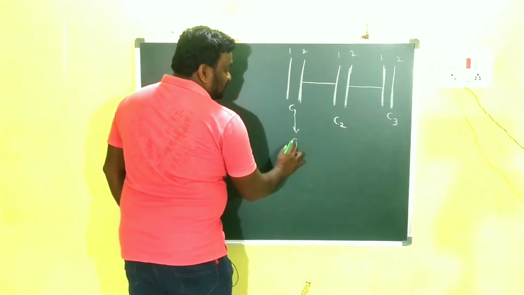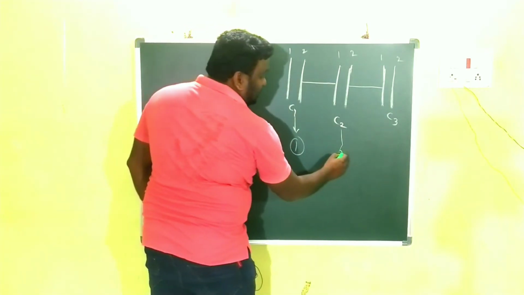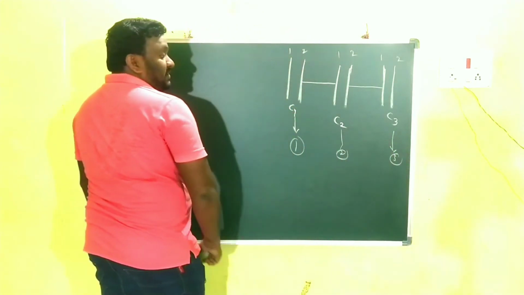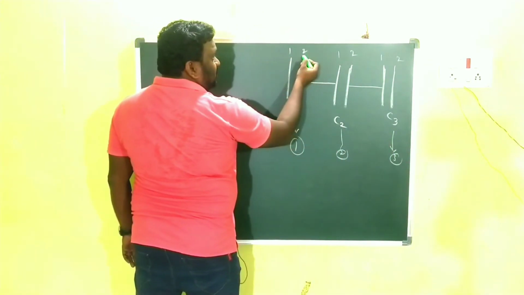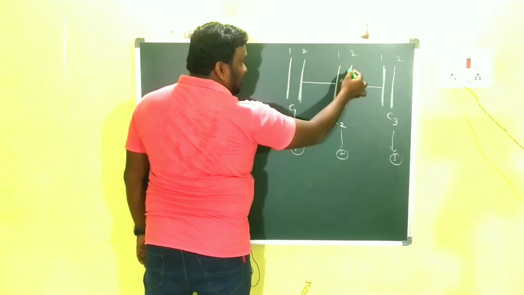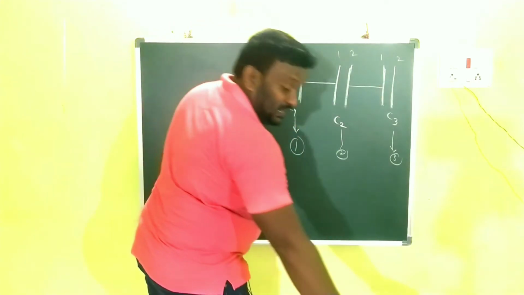C1 means first capacitor, C2 is second capacitor, and C3 is third capacitor.